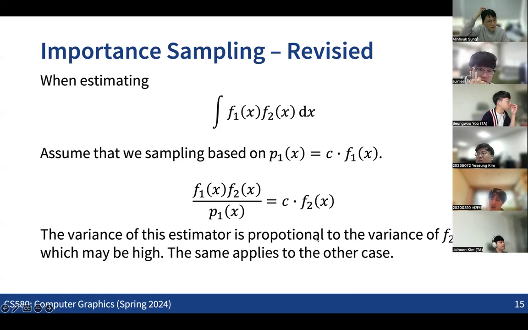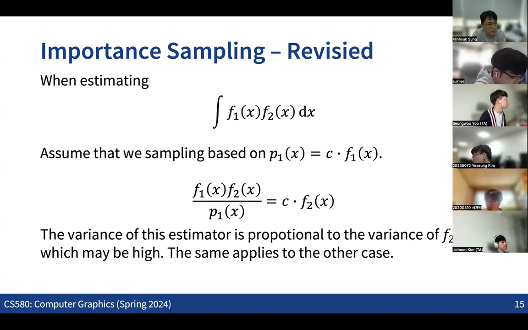So here what we can see is that, more specifically, if we have a function f which can be decomposed into f1 and f2, in those cases, if we choose one of the functions and also find a probability density function which is proportional to that function, let's say we are picking a sample distribution p1, which is proportional to f1. Obviously, even in practical cases, it's not really possible to pick a probability distribution which is perfectly proportional to any function.